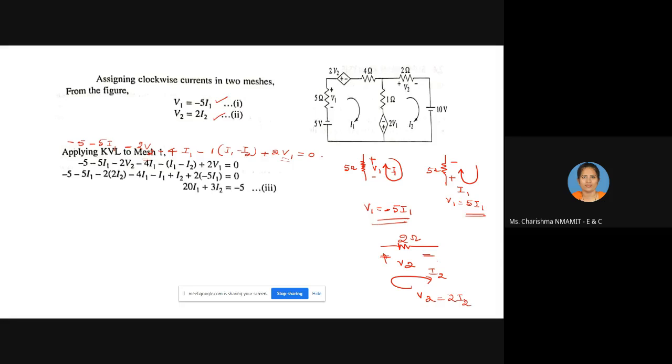The equation is minus 5 minus 5I1 minus 2V2 minus 4 into I1 minus 1 into I1 minus I2 minus 2 plus 2V1 is equal to 0. So when you substitute for V1 and V2, you will get 20I1 plus 3I2 equal to minus 5.